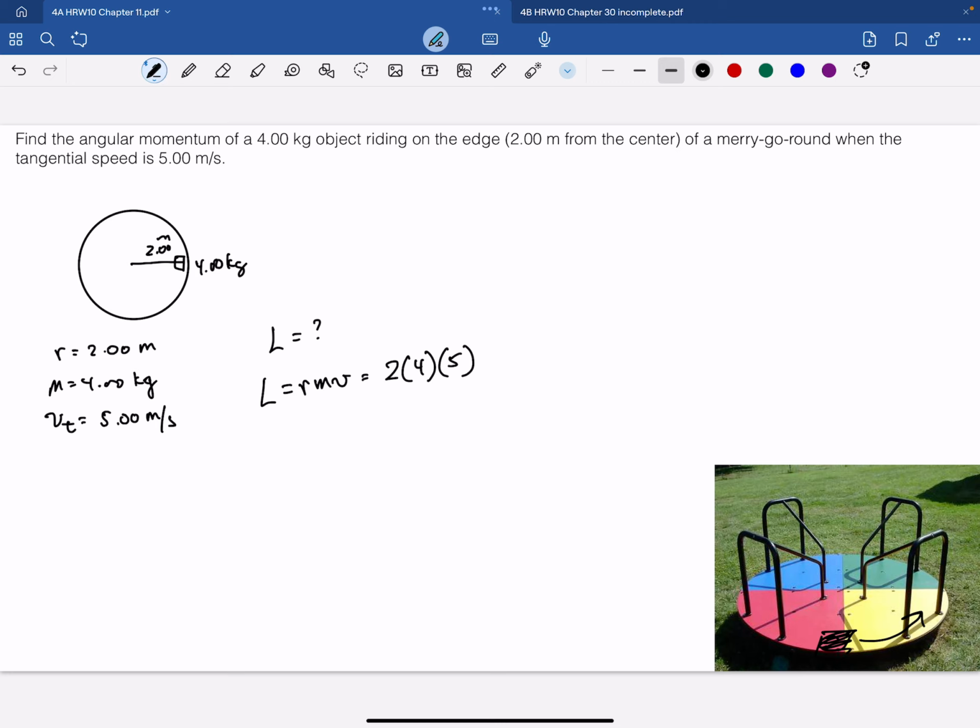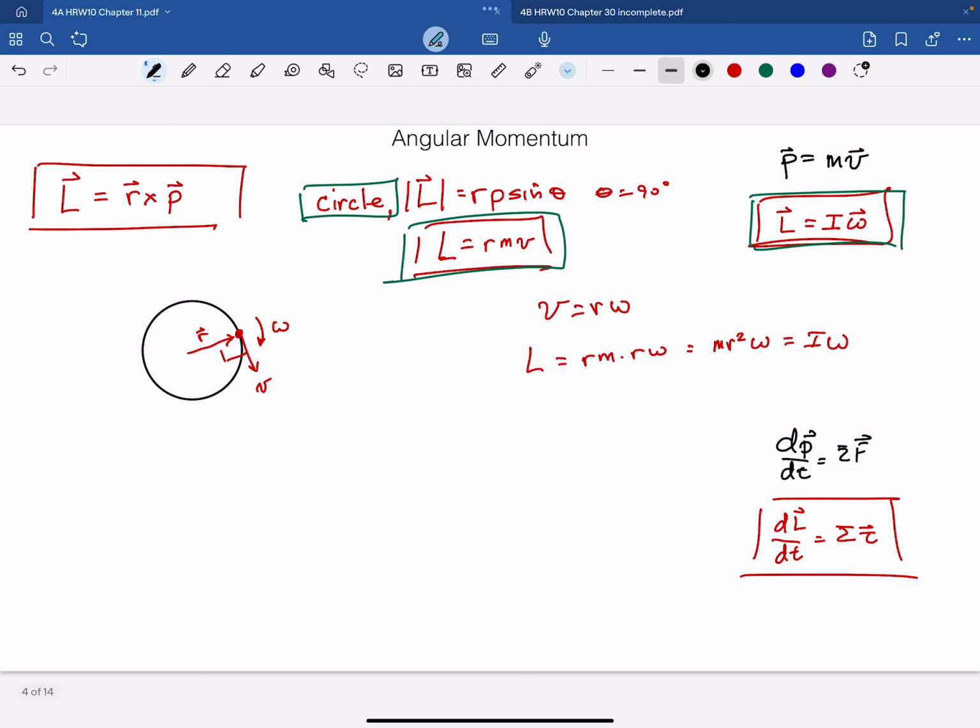That's 40, isn't it? Oh man, what are the units? We've got a meter. We have a meter per second times a kilogram.